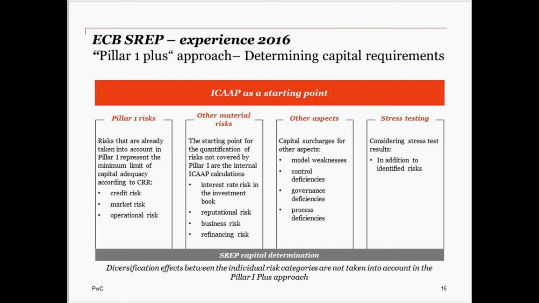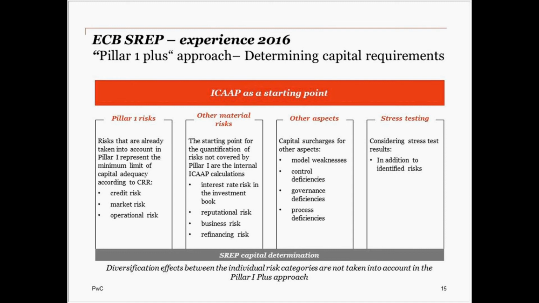That would then lead to the SREP capital add-on for the base scenario. And if we also add the stress testing perspective to that, the stress testing would then lead to the Pillar 2 guidance capital requirements.